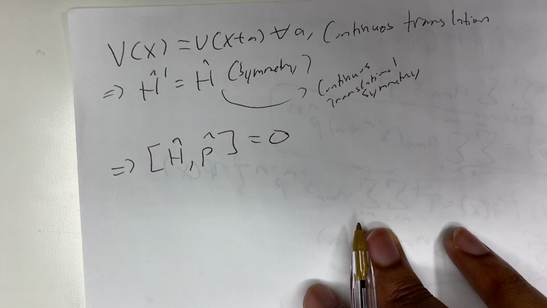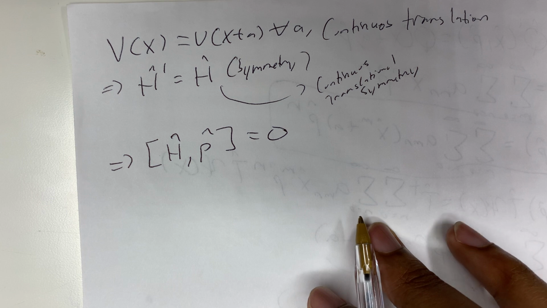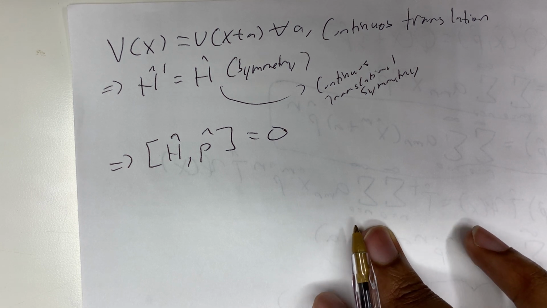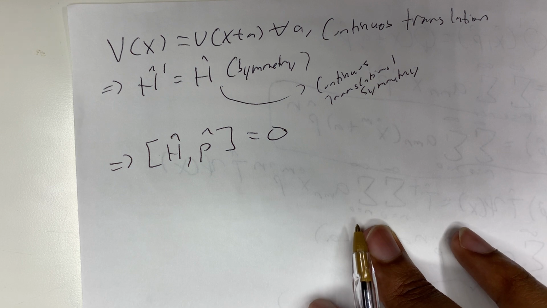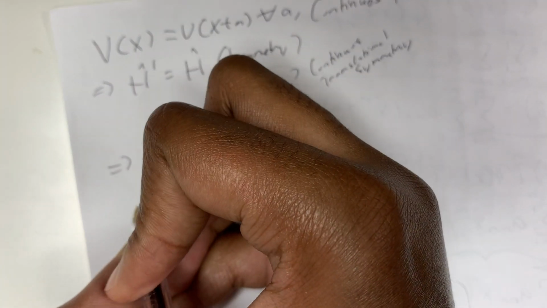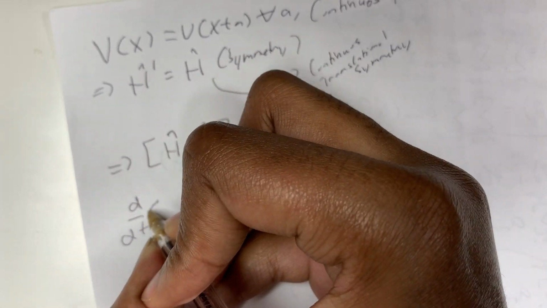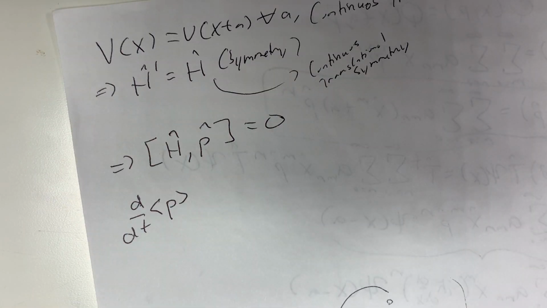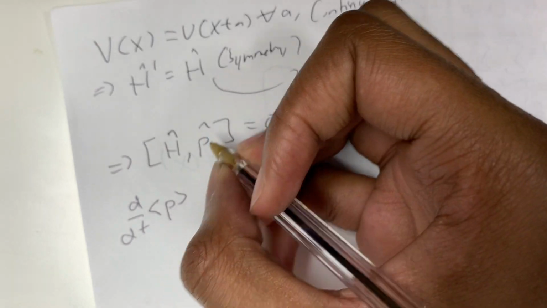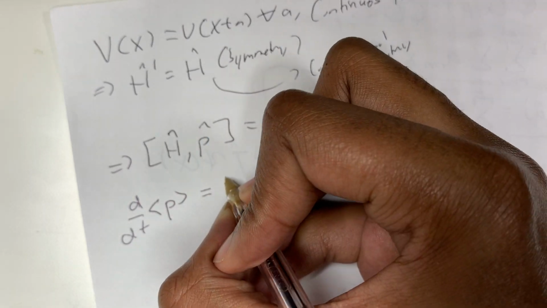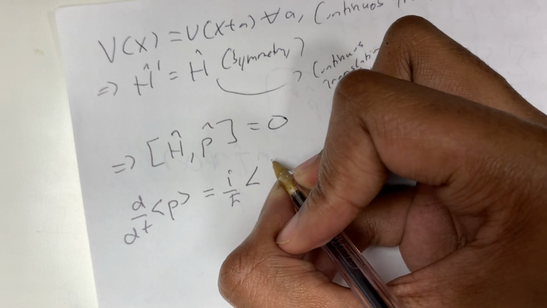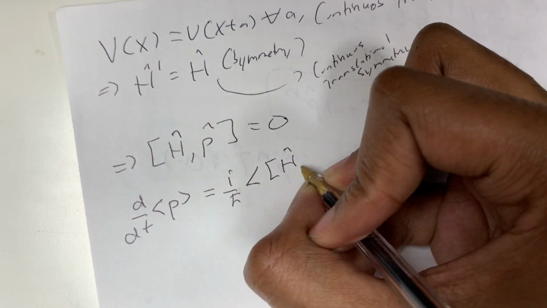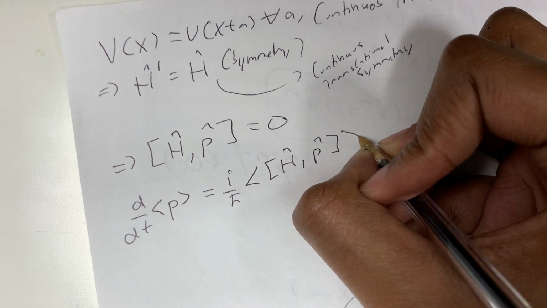Now you guys can be like, okay, that's cool, and sure, they commute. Who cares? But remember Ehrenfest's theorem. Ehrenfest's theorem is that the rate of change of the expectation value of the momentum is equal to i over h bar times the expectation value of the commutator.